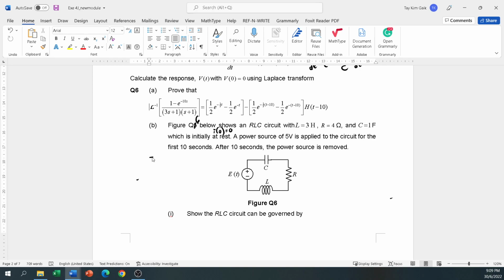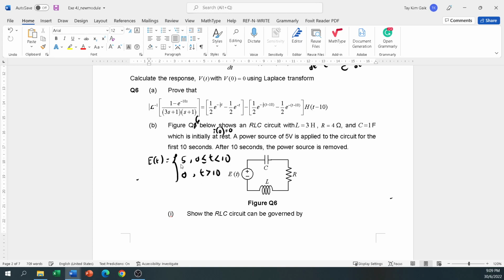That's why the ET for the first 10 seconds is 5 volts. After that, the power source is removed, so ET becomes 0 when t is greater than 10.